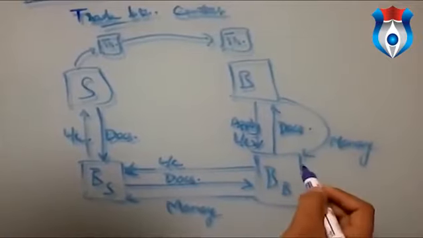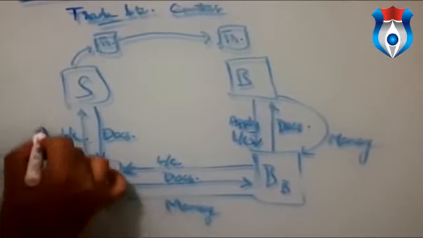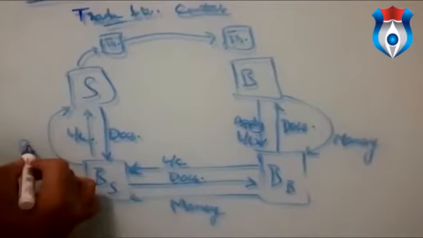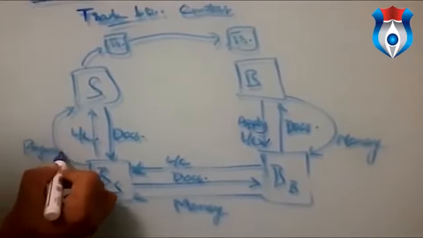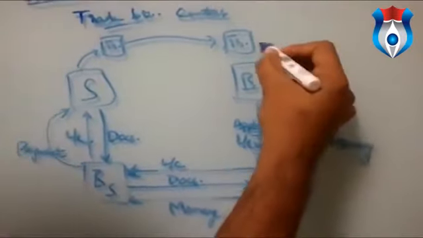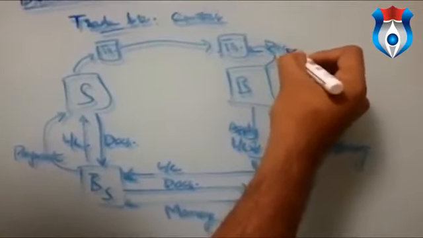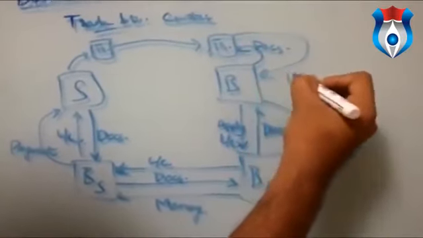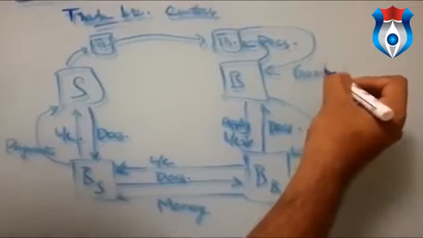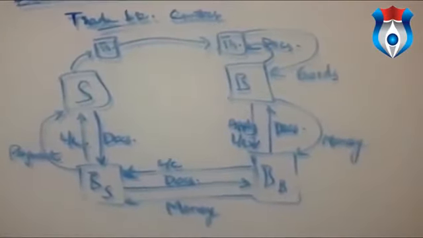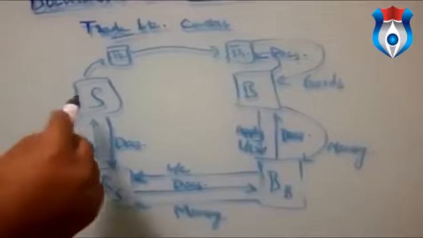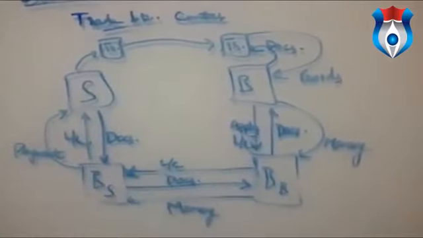So the money cycle is complete here. It's coming to the seller side bank, who makes the payment to the seller. And he uses these documents, takes delivery of the goods. So now this is how the risk is being eradicated in this whole process. It's complete now. The goods reached the buyer, the money reached the seller.